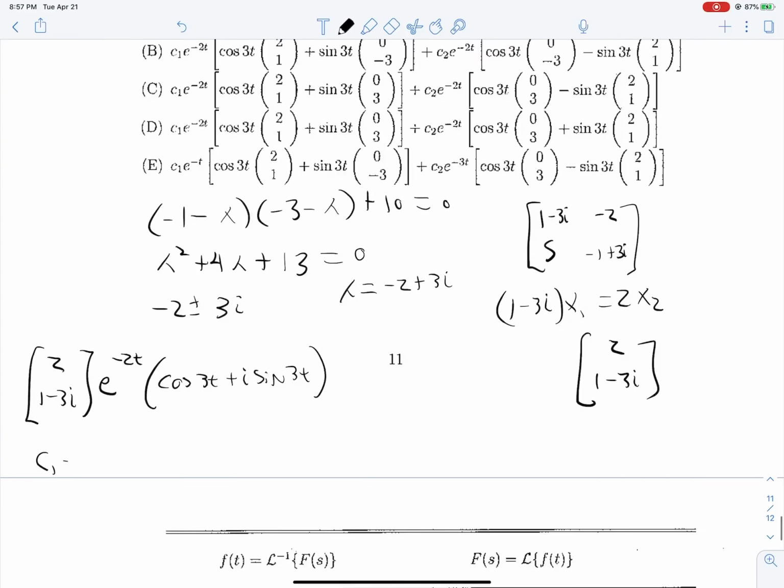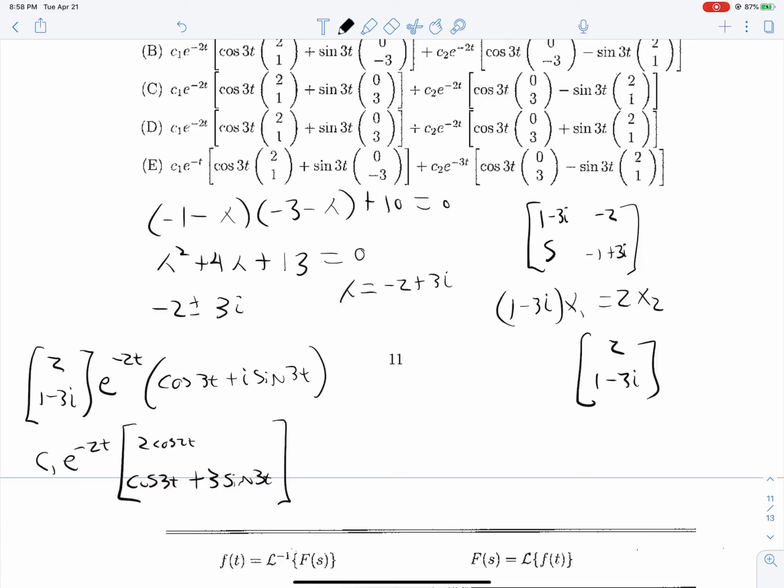So we'll have c1 e to the negative 2t, and then the real portion of this solution. We'll get real values when we multiply cosine on the top to that 2, so 2 cosine 3t, and then when we multiply cosine by 1, so cosine 3t, and i sine 3t by negative 3i, that gives us plus 3 sine 3t.